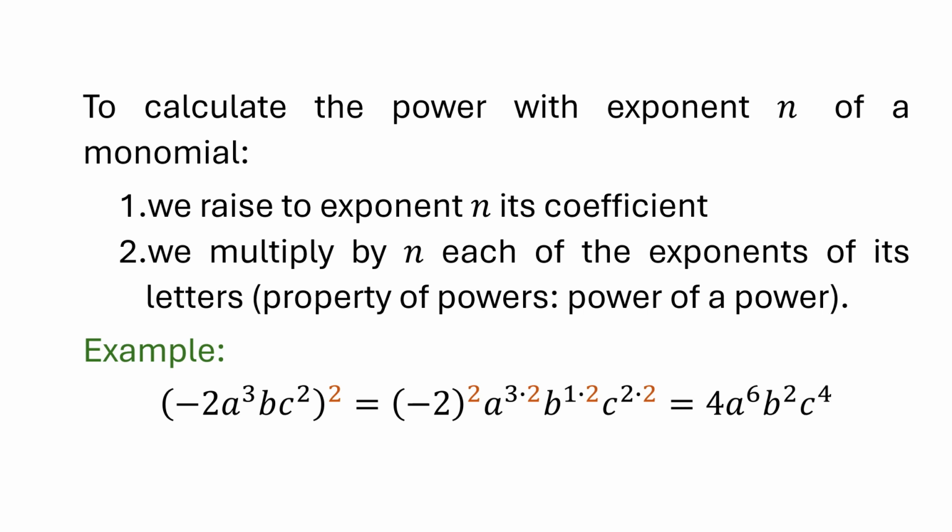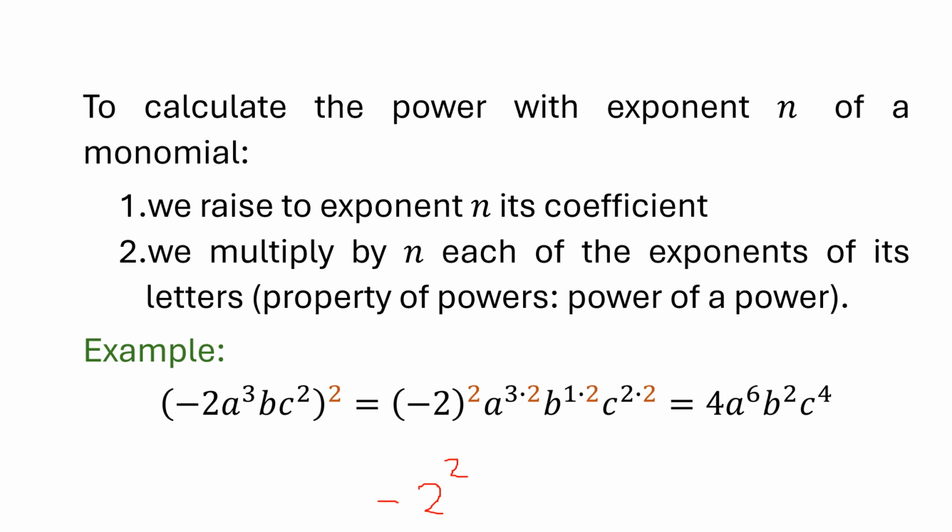Okay, so the coefficient is negative 2. This is really important. It's not 2, it's negative 2. And when we want to square a negative number, we need to put the parentheses. Okay? So saying negative 2, in parentheses, squared, and saying negative 2 squared without parentheses is completely different.